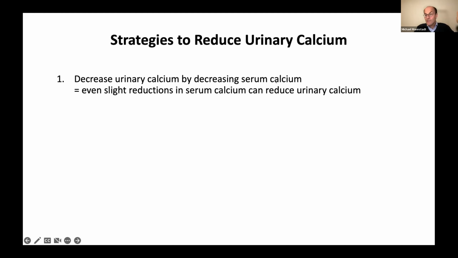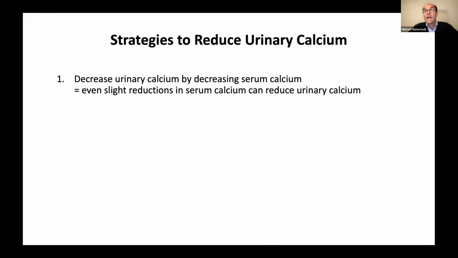Now, that sounds a little idiotic. If the blood calcium is already low, why would I make it lower? Well, first of all, even a slight reduction in serum calcium can lead to a significant reduction in urinary calcium. So in other words, if your serum calcium is always 8.9, and you are able to lower it to 8.5 and don't have symptoms or you don't feel different from 8.9, well, you actually will lower your urinary calcium.